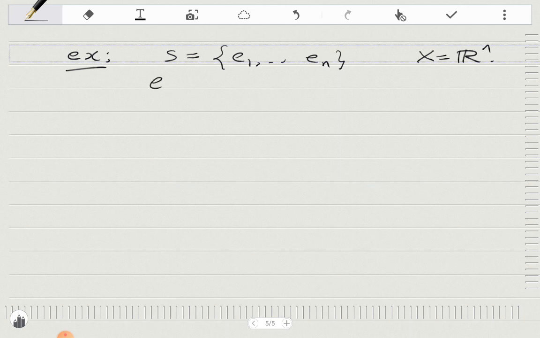So e1 is 1, 0, 0, etc. I'll stop here and then resume with proving that every basis has, at least I'll state it, that every basis has the same number of elements.